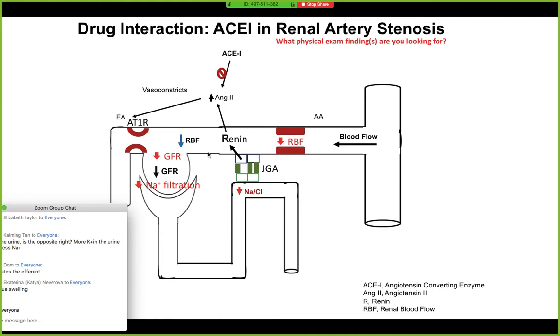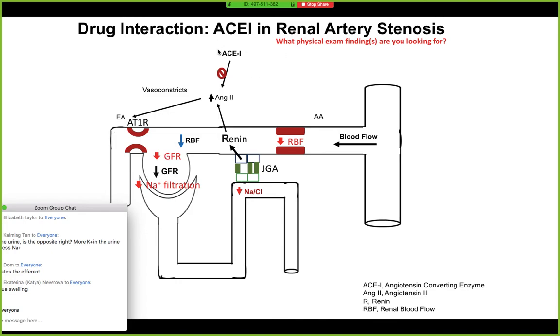And this mechanism is protective in somebody with a renal artery stenosis, because by doing that, you have a constriction here and you have a constriction here, and you're increasing the amount of blood that you can direct this way. So you're not going to increase the GFR, but you are going to maintain the GFR and prevent this decrease that you would see otherwise.